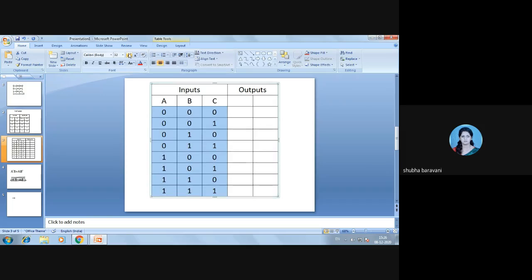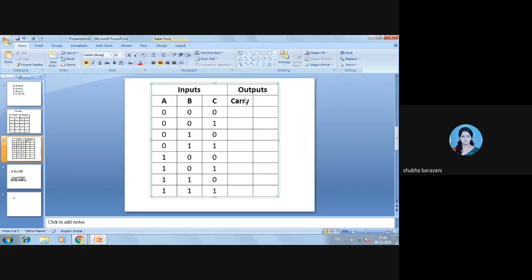I'm explaining carry to you. See, 3 bits means what? 3 bits means I have 2 input bits and 1 carry. Are you understanding what is meant by carry? Yes, ma'am.